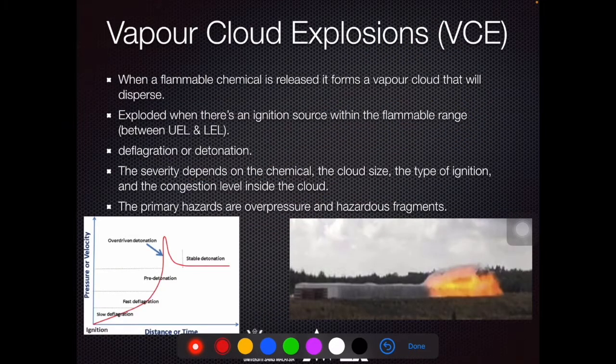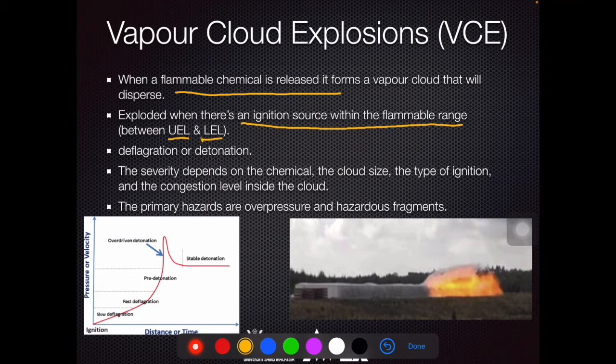However, a vapor cloud explosion is when a flammable chemical is released in the form of a vapor cloud. It explodes when there is an ignition within the flammable range between the upper explosion limit and the lower explosion limit, meaning the mixture of the fuel and the air within the atmosphere is in a condition where it will explode if there is a source of ignition.